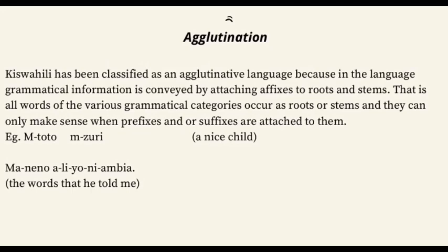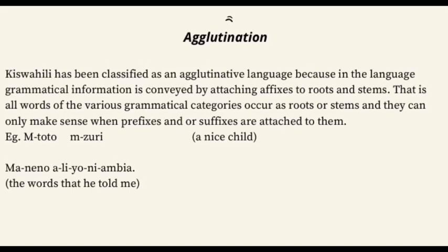Sometimes also, especially in sentences, we have the tense, the subject prefixes and object prefixes all written together, and that is the agglutinative nature of Kiswahili. So instead of he is going to school in English, Kiswahili has an example which will sound like he's going to school, where all the words are put together.